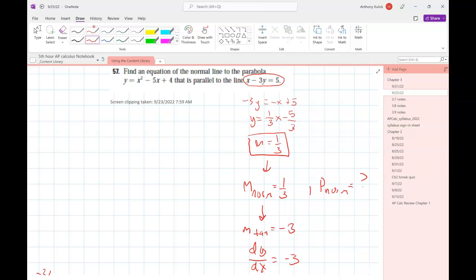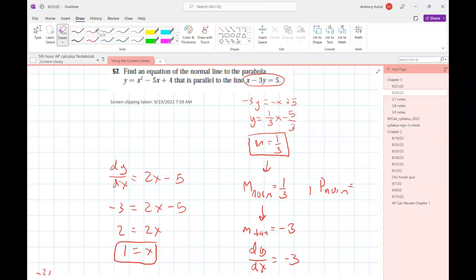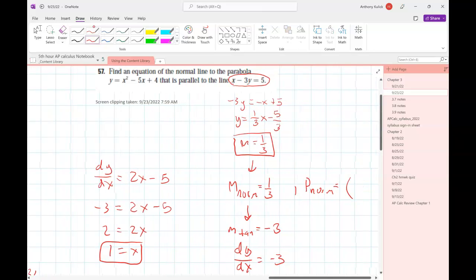So I'm going to be solving the derivative, looking for a location, an x, where the derivative is equal to -3. Everybody's okay there? So that point on my normal line needs to have the x-coordinate 1.